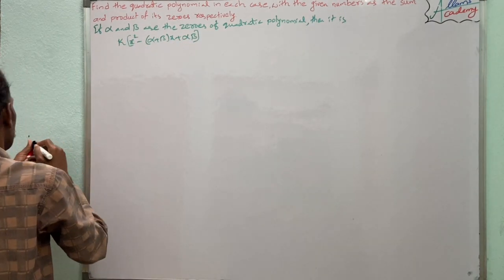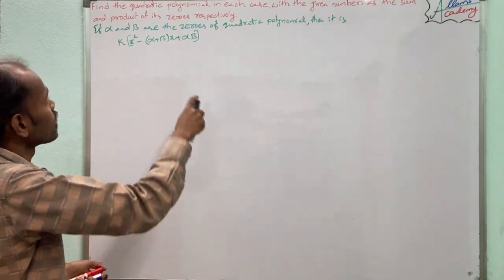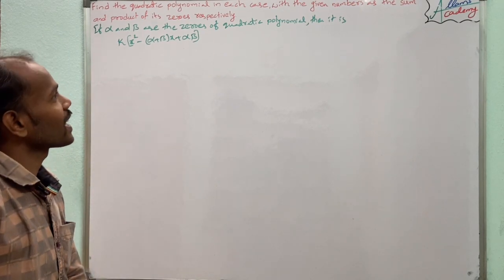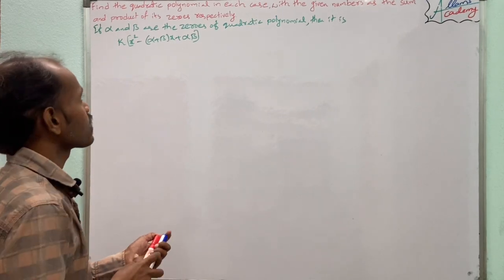So we already know that is the polynomial for the zeros alpha beta, but here directly the sum of the zeros and the product of the zeros are given.